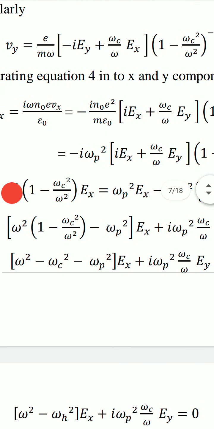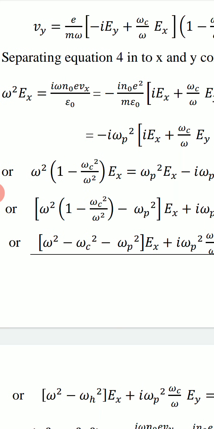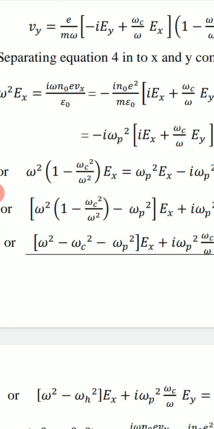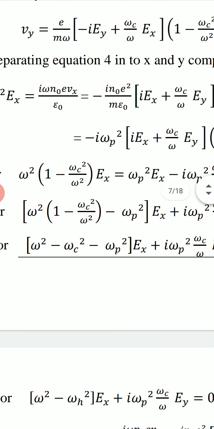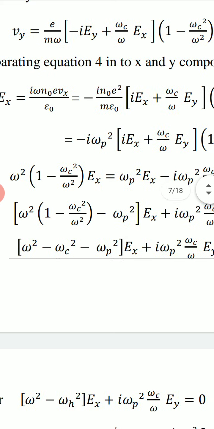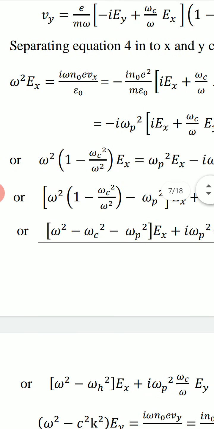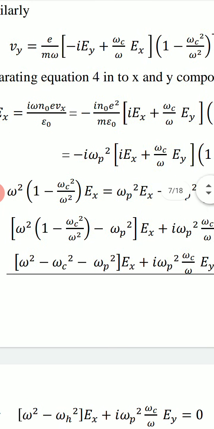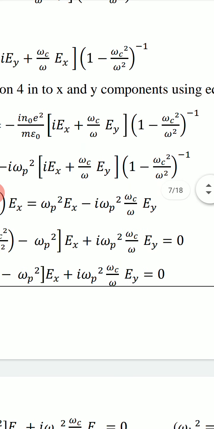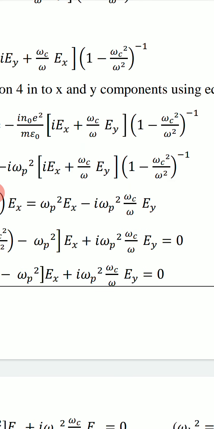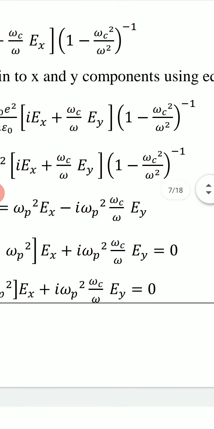Put this value of Vx, and the right hand side will be equal to i n0 e square upon m epsilon 0 into i Ex plus omega c upon omega Ey into 1 minus omega c square upon omega square to the power minus 1.